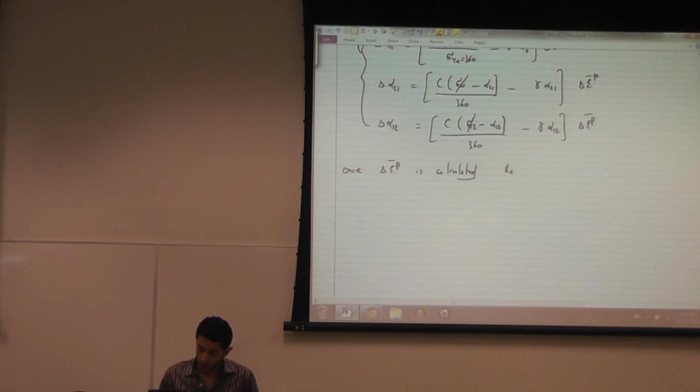the plastic strains developed and the location and the backstress tensor can be calculated.